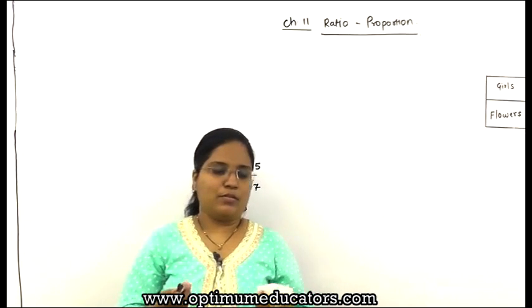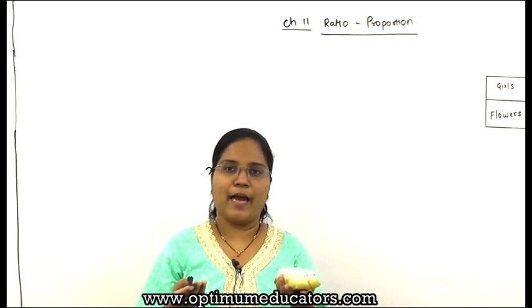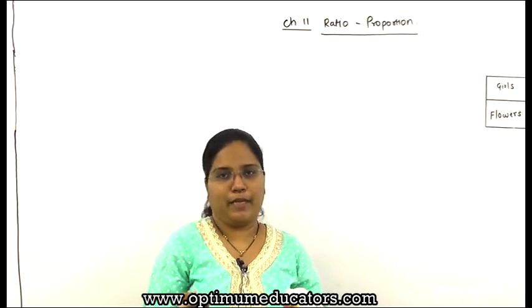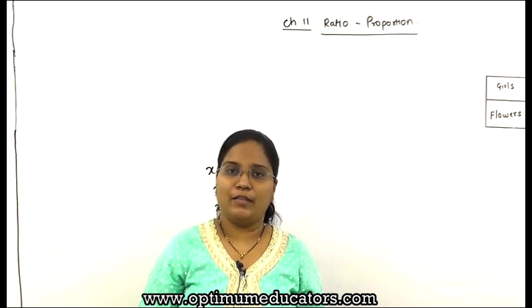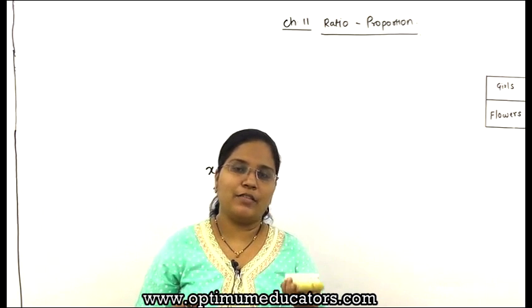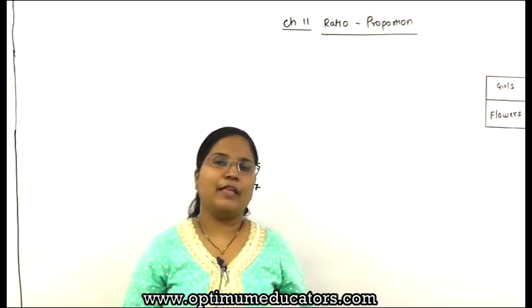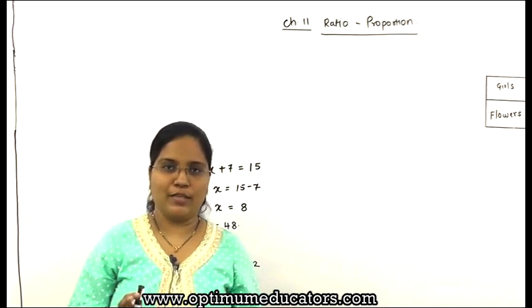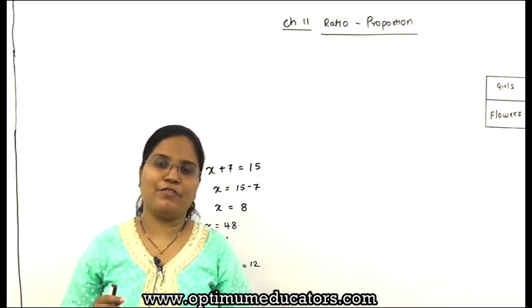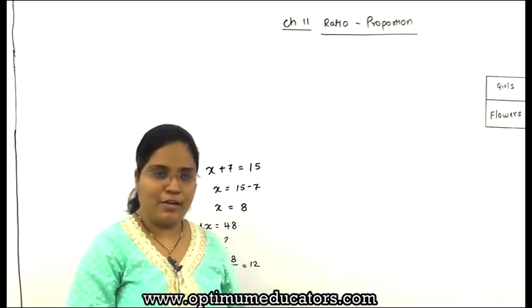Suppose you can see in my hand there is a duster and a pen. If I say that the weight of the duster is 5 times the weight of the pen, then they are in proportion, isn't it? Duster is 5 times bigger than the pen.